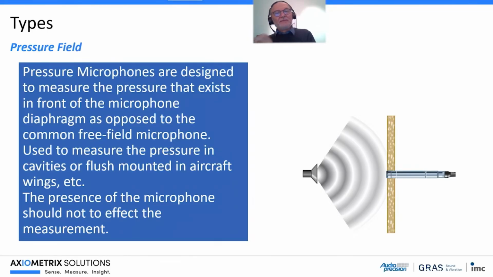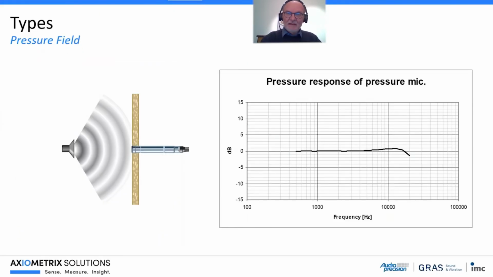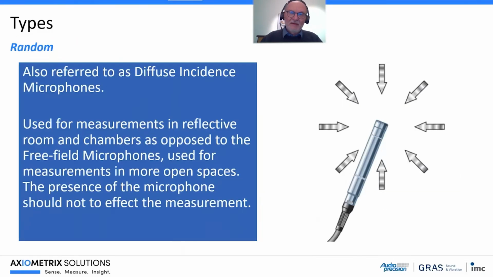It could also be if we mount the microphone flush, in a wall or on an aircraft wing, or things like that. Then the microphone will pick up the pressure response. In the factory, when we make pressure microphones, we adjust the microphone so the pressure response is as flat as possible in the entire frequency range for that microphone.